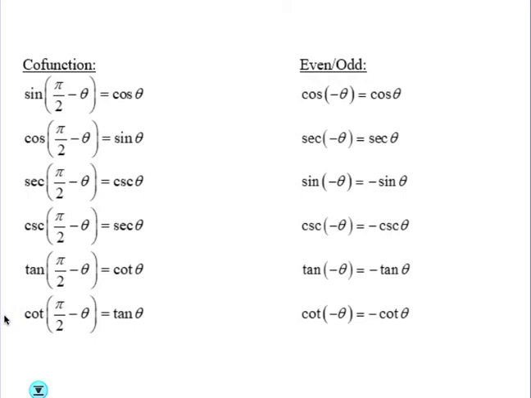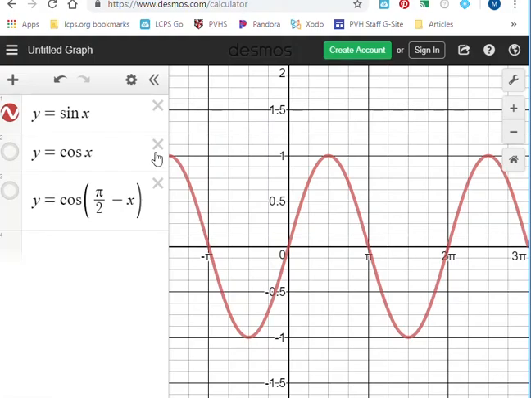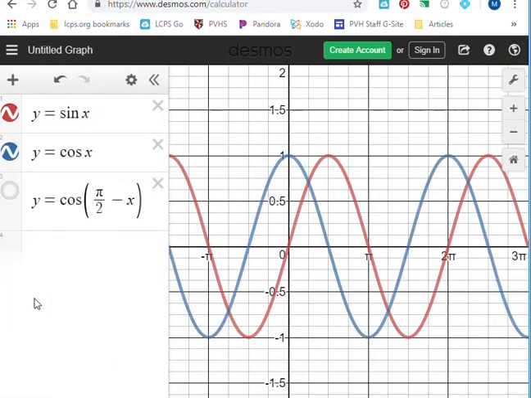We discussed when we looked at graphs of trig functions that sine and cosine are just shifted horizontally from each other. So if we take a look at a graph, I have here the graph of sine of x using the same dimensions for the graph as we did when we were graphing. Here I have the graph of cosine of x.